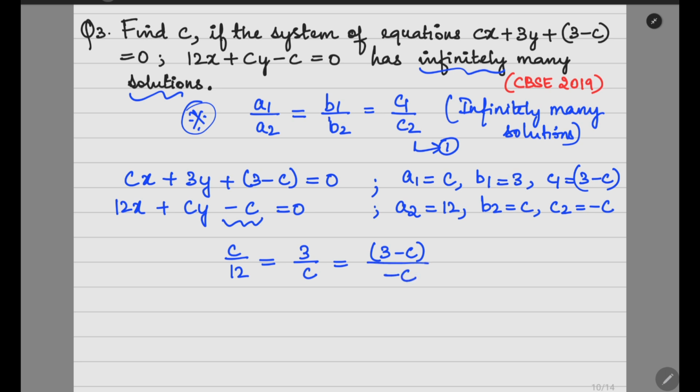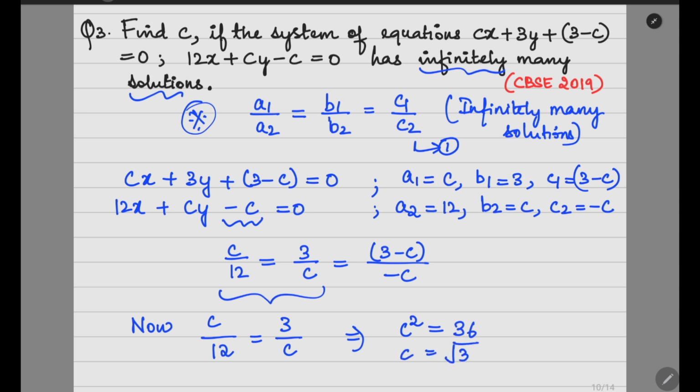If we take these two, c by 12 is equal to 3 by c, just cross multiply. What would you get? c square equal to 12 into 3, that is 36, and c is equal to square root of 36, which is nothing but plus or minus 6. So this is the first one.